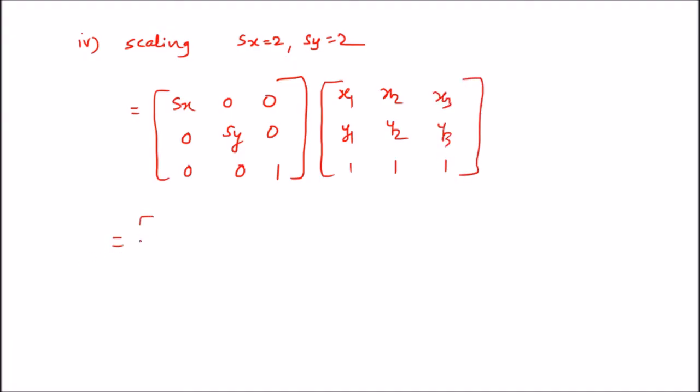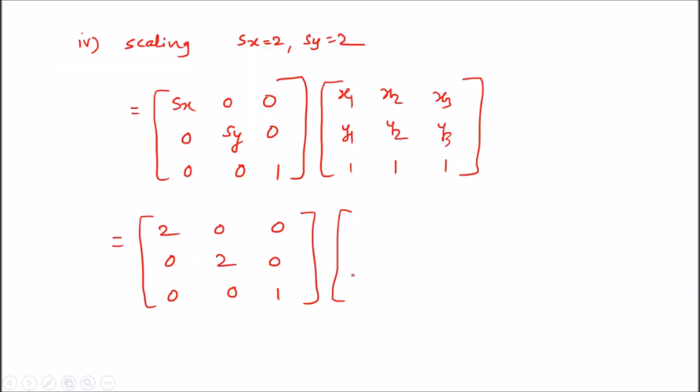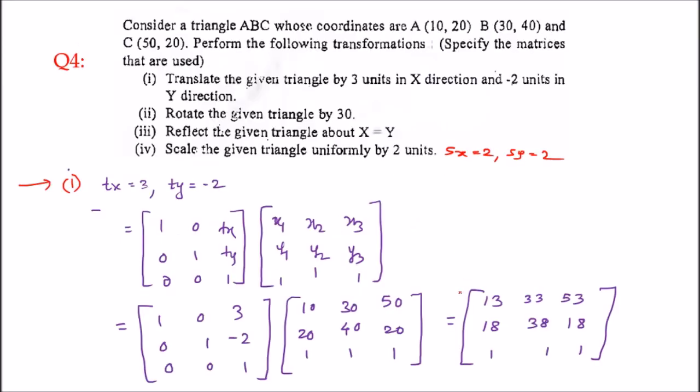So put the values of sx and sy: [2 0 0; 0 2 0; 0 0 1], multiplied by the coordinate matrix 10 20 1, 30 40 1, 50 20 1.